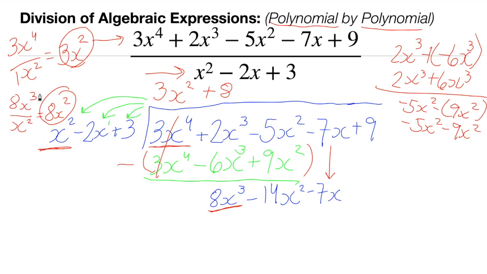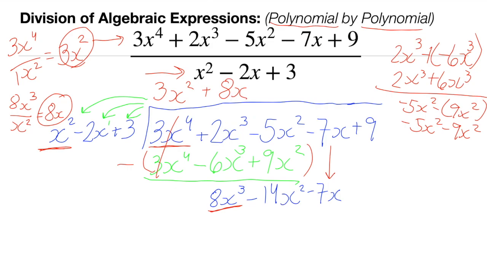My bad. So 8x cubed divided by x squared, let's do that again, is 8x raised to 1, or simply 8x. So the sign is positive. So let's write here plus 8x.